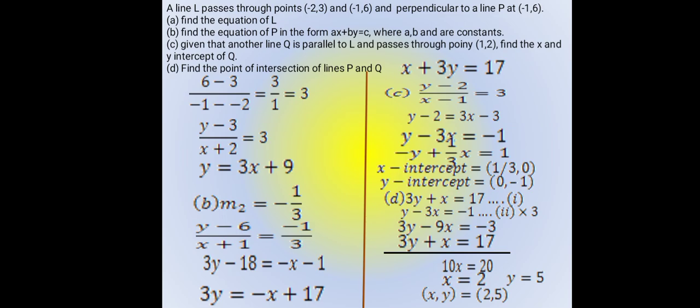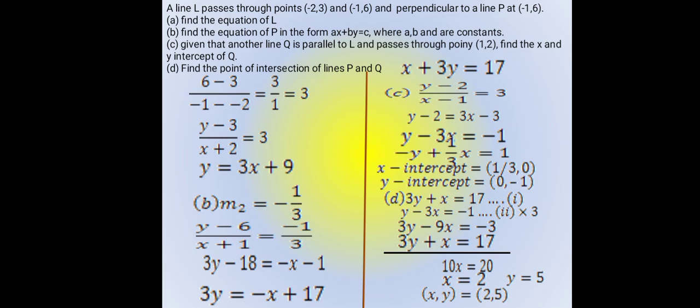Now, the gradient of the other line perpendicular to this one should be negative a third, because for lines that are perpendicular, the product of the gradients should be -1. So the gradient of the other line should be negative a third.